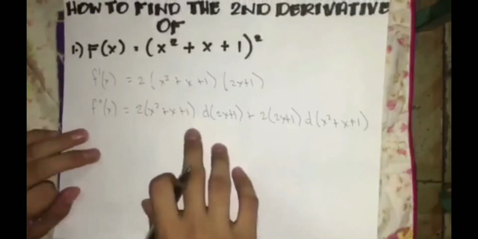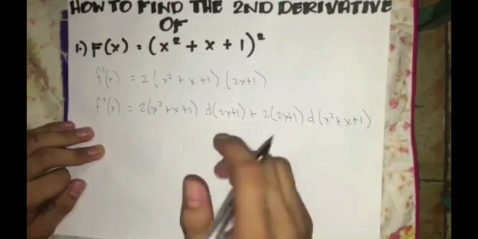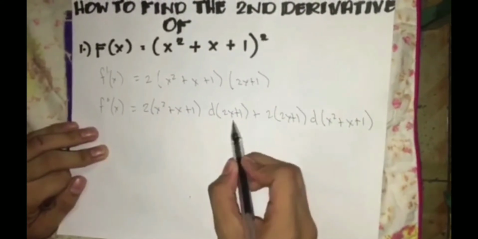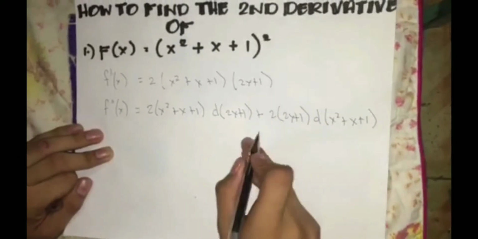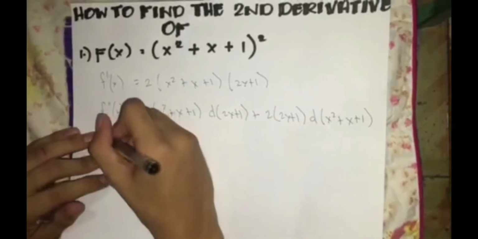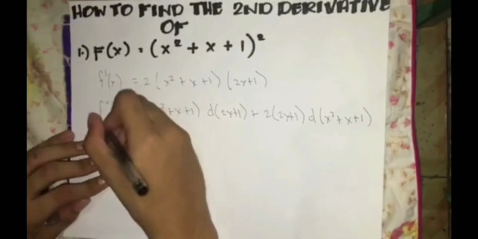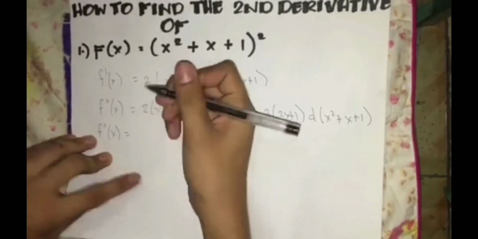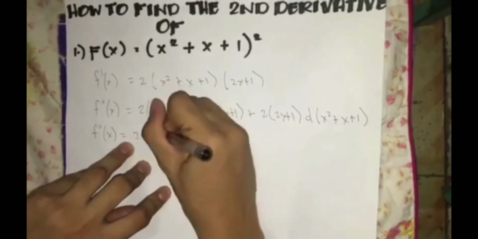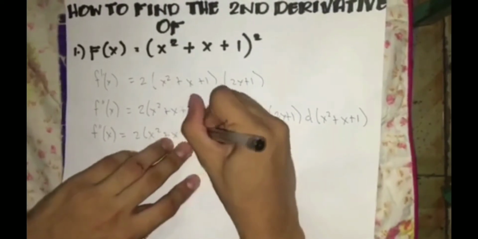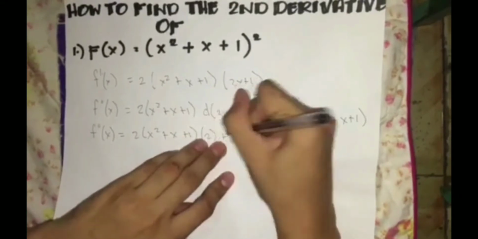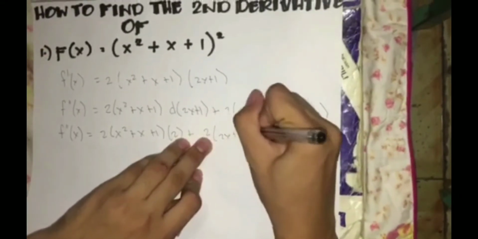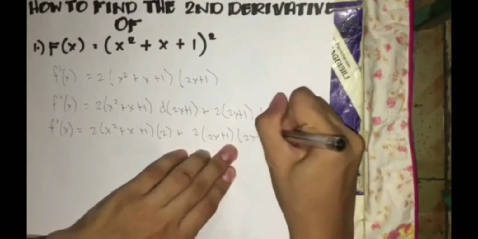So after we get this equation, we need to separate them, so we need to transfer it into their units. So f double prime of x is equal to 2 times the quantity x squared plus x plus 1 times 2, plus 2 times the quantity 2x plus 1 times the quantity 2x plus 1.